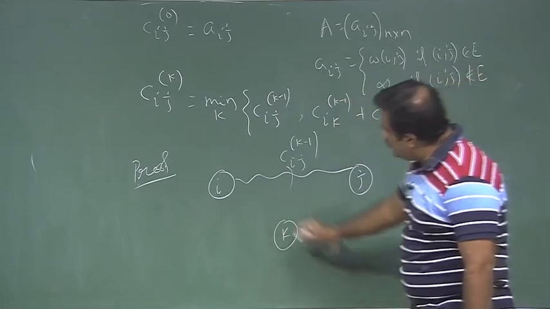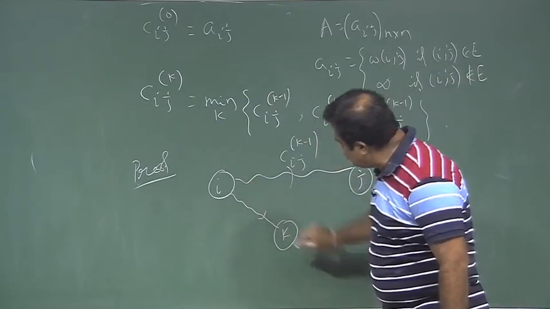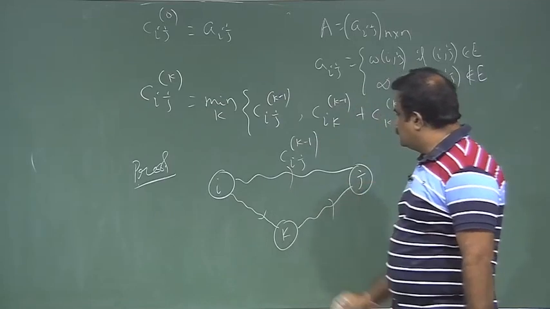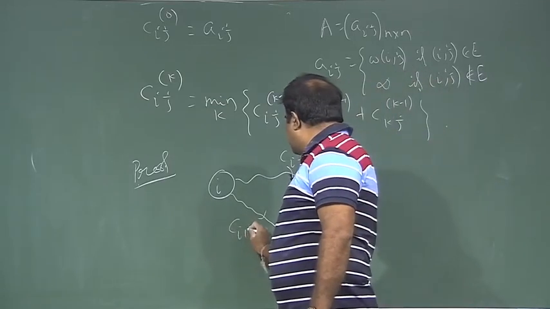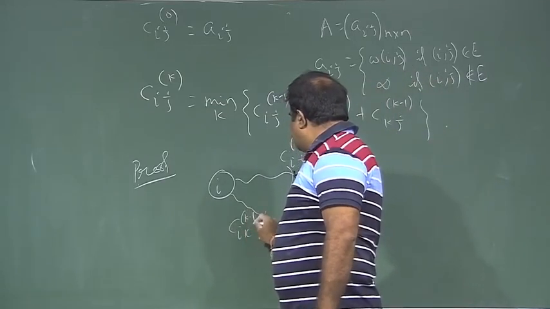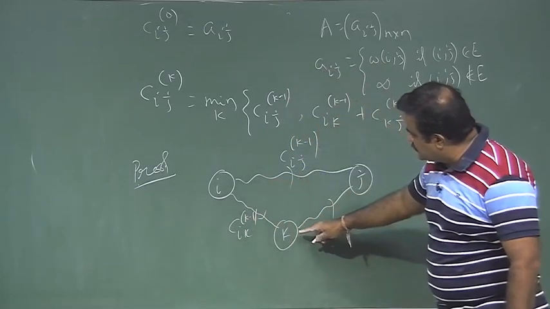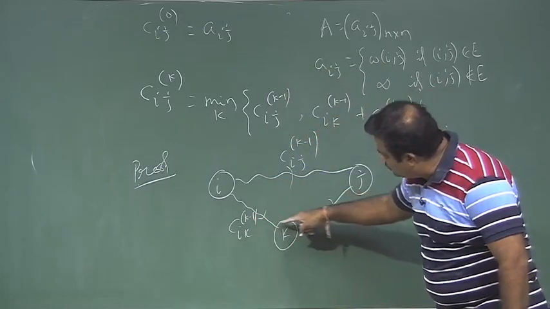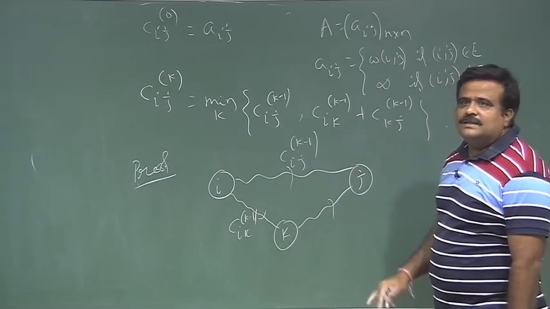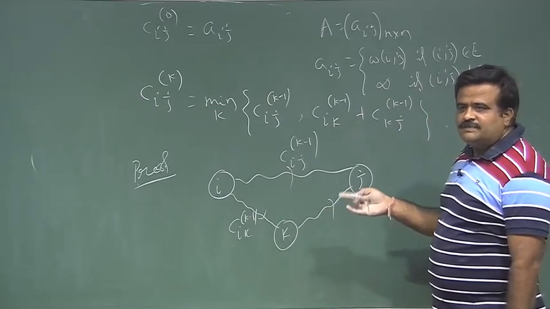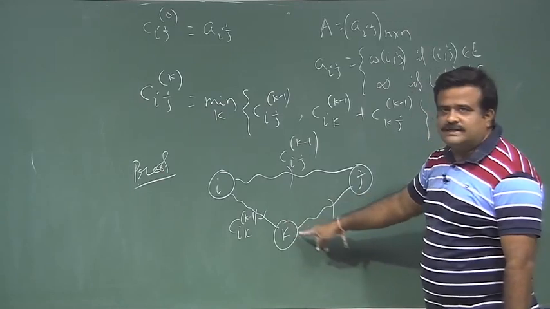So, if we see the kth vertex, then we go to the kth vertex, then this is basically Cik k minus 1, because in the middle we do not want to see the kth vertex. If we see it, that is a self loop, that is a cycle, and since the shortest path will exist if there is no negative cycle, we can ignore that cycle.